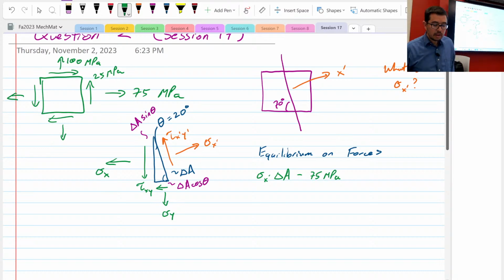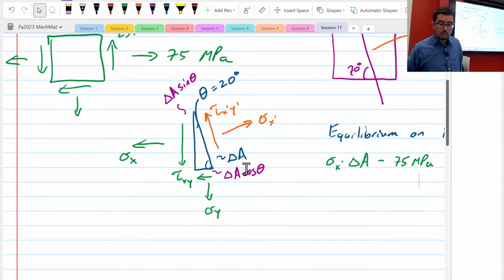Okay, times what? If I think in terms of a distorted triangle, is it going to be cosine theta, sine theta? What am I going to use for the force component? The direction of the stress. Well, we remember, so x prime is in this direction, right?